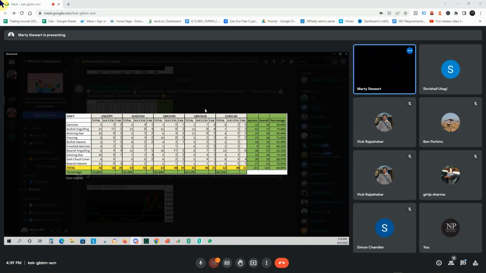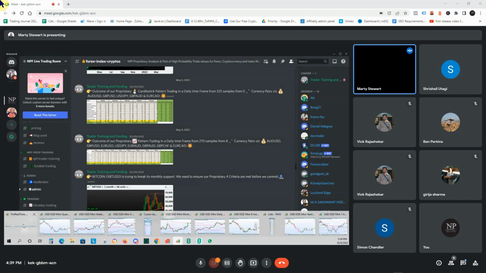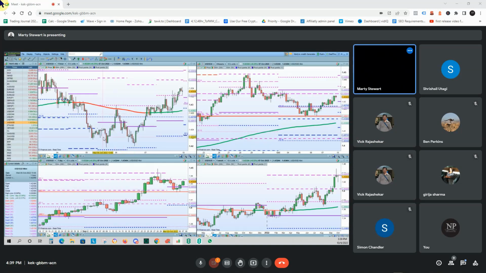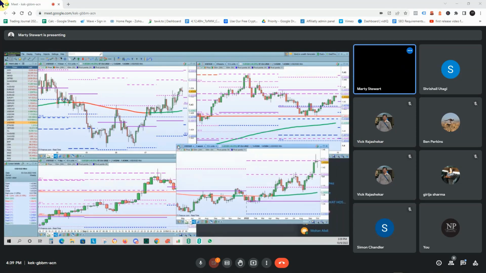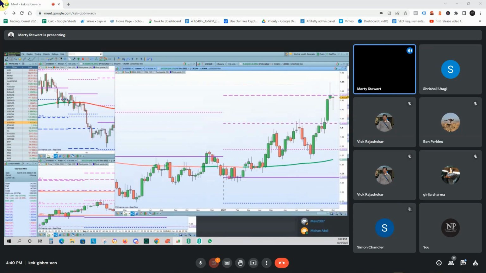So if we were to bring up our charts, we can see that these candlesticks can be identified on a weekly.